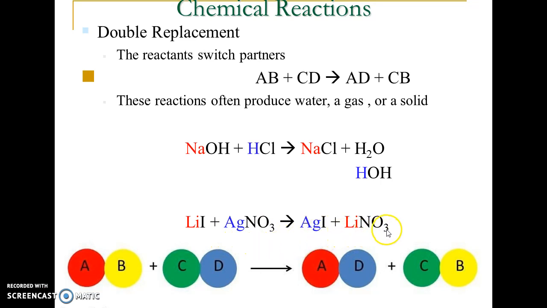Notice how as we look at our products, silver and lithium are not paired together. The reason why is because in this chemistry class, you will never have two metals bonded together as a product, which we will refer to again in our prediction of products video later on.